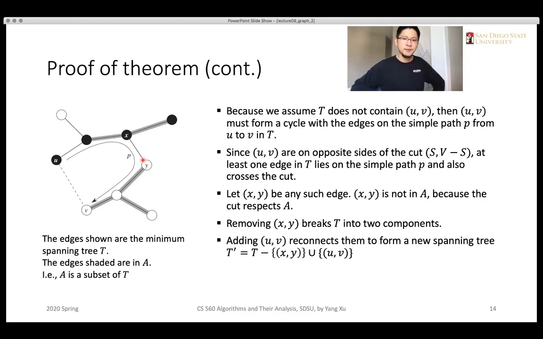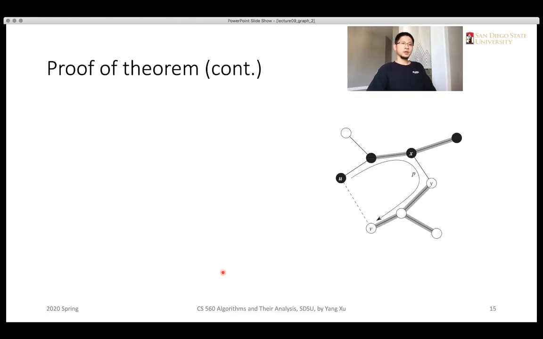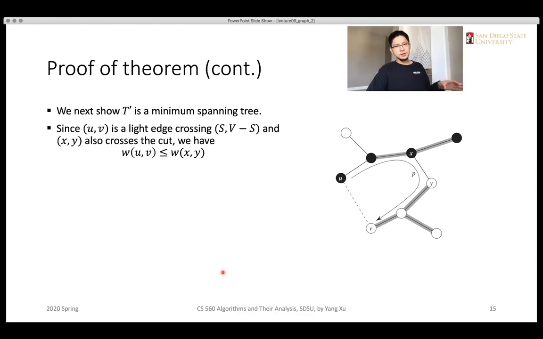Okay, so our next step is to show that the resulting new spanning tree T prime is also a minimum spanning tree. Okay, so since the edge from U to V is a light edge, that's what our theorem states, in the statement of the theorem. So we know that UV is a light edge.